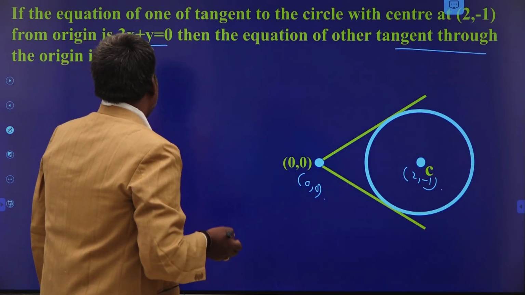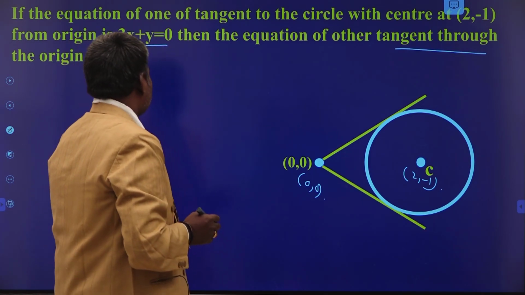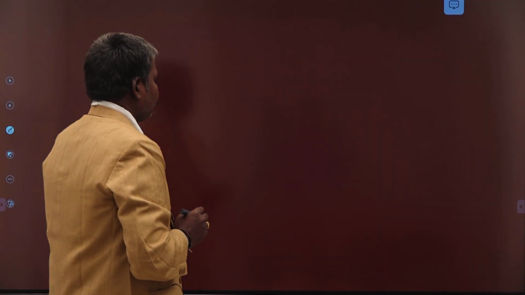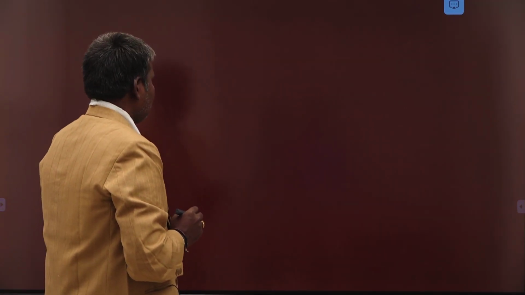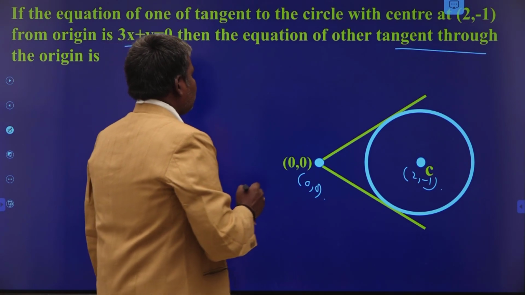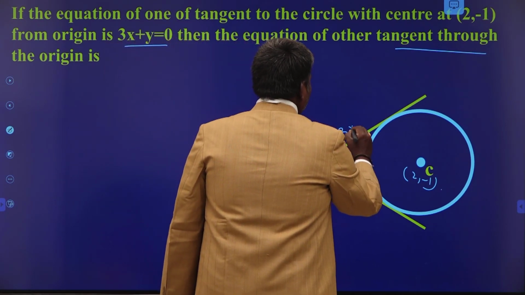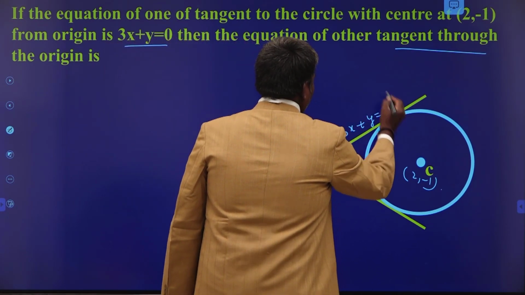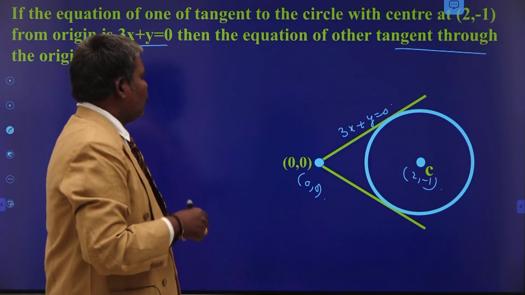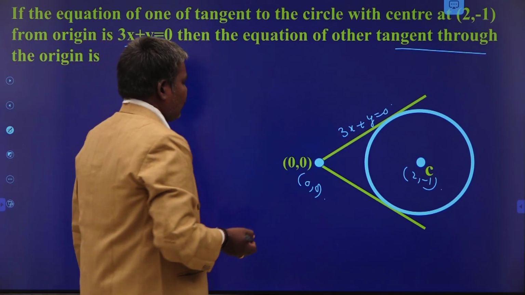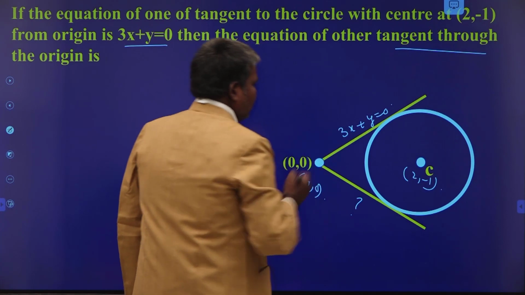And one of the tangent equations is given to you, that is 3x plus y is equal to 0. See here, 3x plus y equal to 0 is one of the tangents. We have to find the equation of another tangent. This is what they are asking.